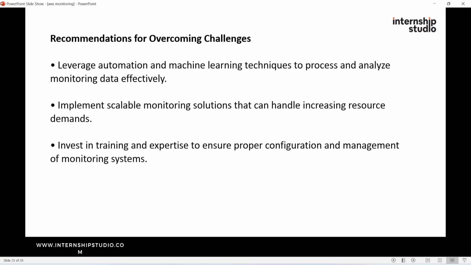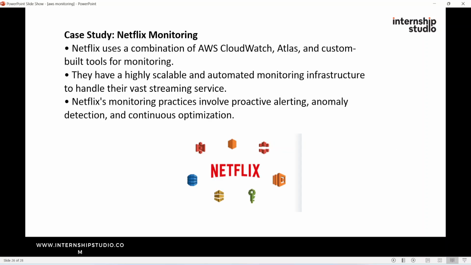We can have Prometheus or Grafana integration so that it helps us achieve better monitoring solutions. Next, invest in training and expertise to ensure proper configuration and management of monitoring systems. This field is changing very rapidly, so it's always better to be updated with the latest skill sets.